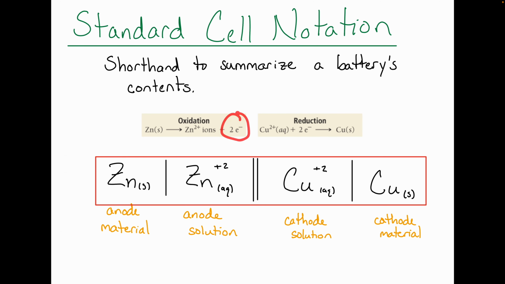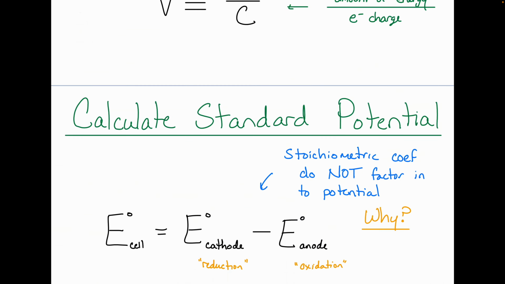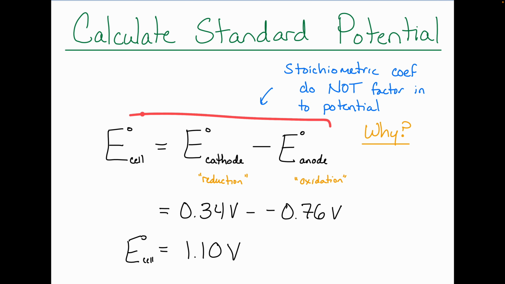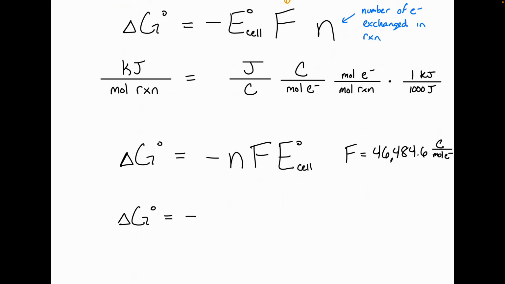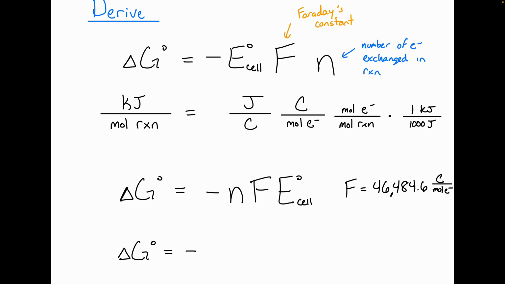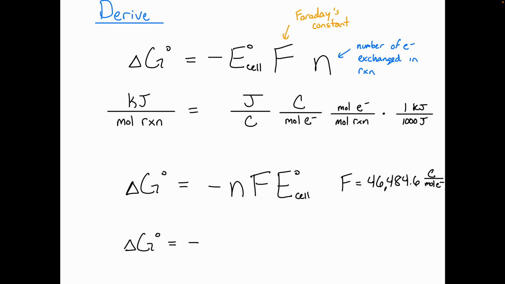So we need to pay attention to our balanced redox equation to find out how many electrons are being exchanged. Notice how that didn't appear anywhere in our potential formula, because our units were joules per coulomb, the amount of energy each electron was feeling. But it's going to appear in our delta G formula here. This is 2 moles of electrons per mole reaction.